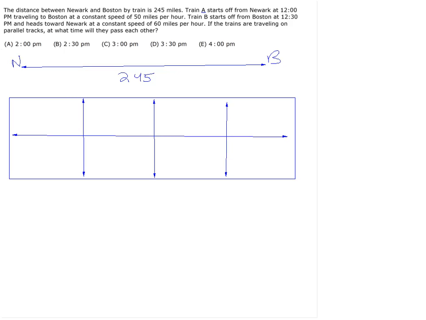Remember, the rows are the characters. In this story, the characters are two trains, train A and train B. And of course, because it's a rate times time problem, we'll let the columns be rate multiplied by time, which we know is equal to distance.